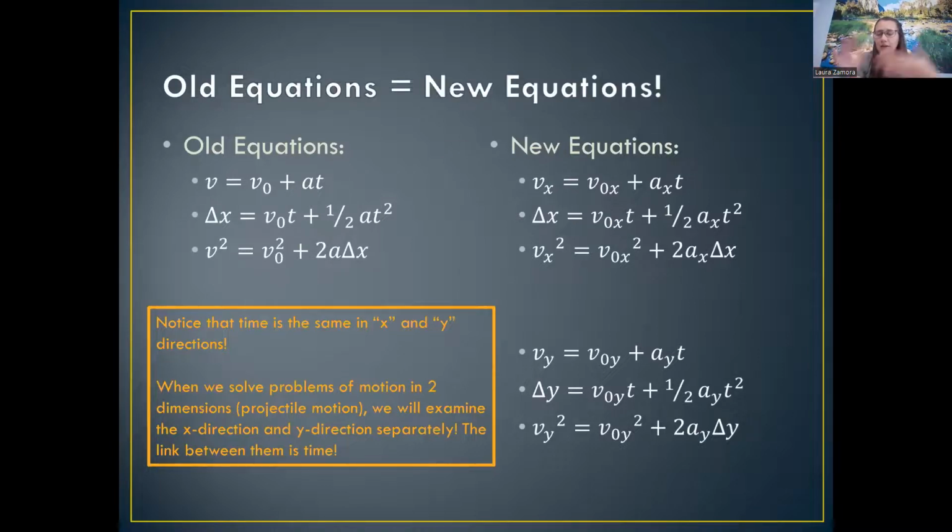Otherwise, the variables are basically the same: velocities, accelerations, times, changes in position. But most of the variables will have a subscript x or a subscript y, except for time. Time is the only thing that is the same, the linking variable between these two directions.